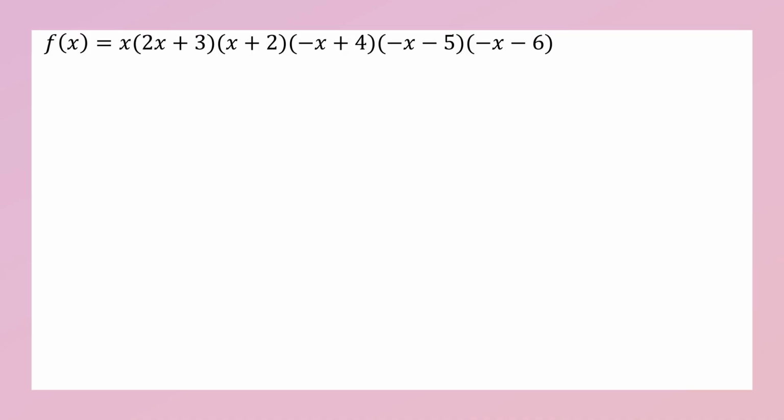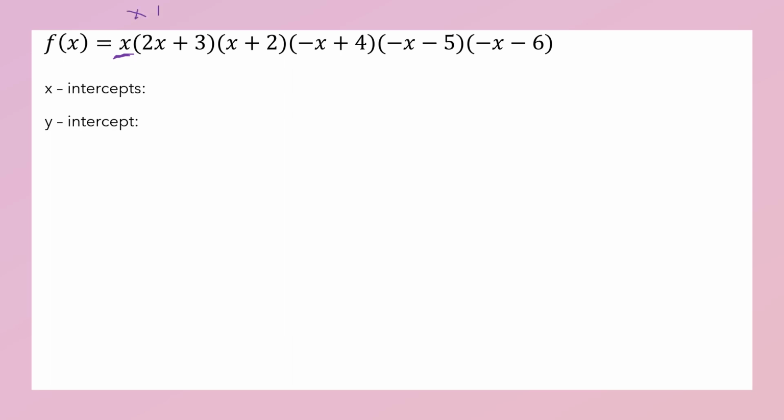So how about if we do have f of x equals x times 2x plus 3 times x plus 2 times negative x plus 4 times negative x minus 5 times negative x minus 6. So first is, what are the x-intercepts? So if we do have here x, plainly x, and it has no visible constant term, automatically we do have x plus 0.